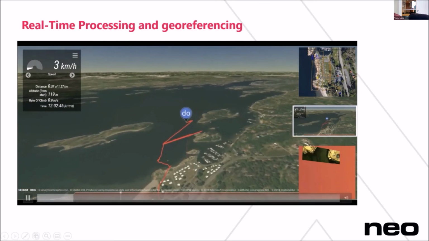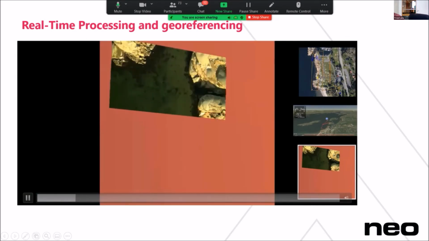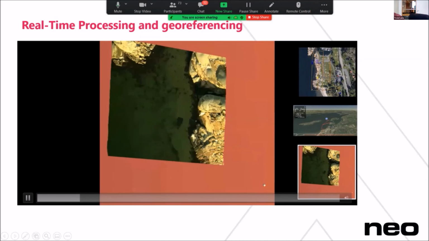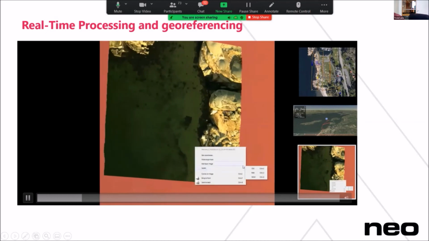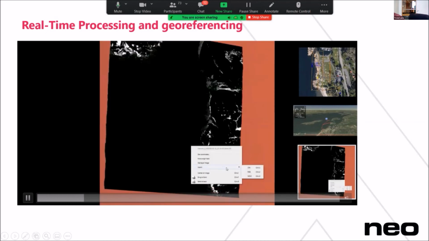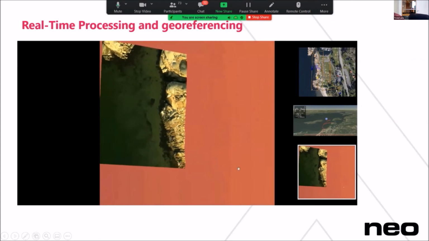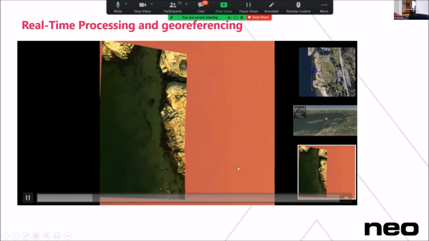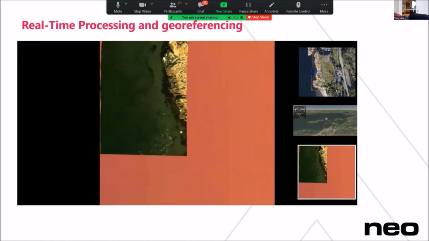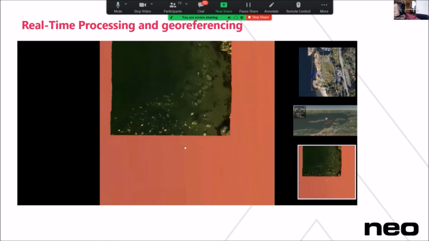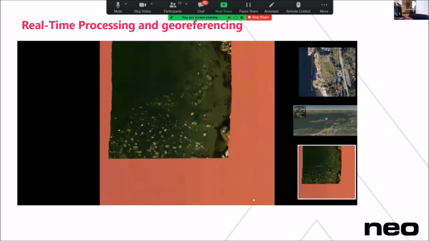On the right side here, you can see now the RTGeo. So this is rectifying or georeferencing the UAV images while you fly and just visualizing it. Now we are switching here between RGB and NDVI. The view you're seeing now is just a normal RGB image. This was flown in February, so you can see there's ice on the water.